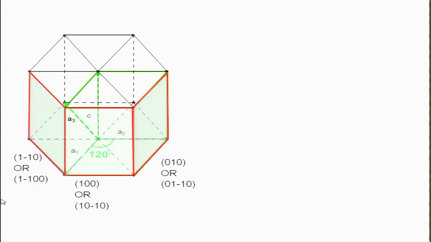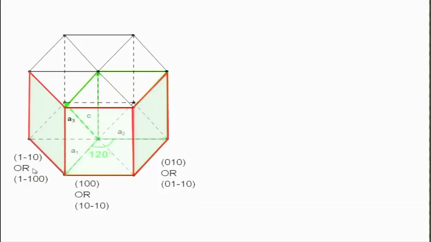Now they look fairly identical; you just juggle around the HKI indices and L remains the same. So they are the same family of planes: 1 bar 1 0 0, 1 0 bar 1 0, 0 1 bar 1 0. In the 3 coordinate system you end up with indices which look different, which feels different in a hexagonal system, and that is why the 4-axis system was invented, to make it easier to understand.